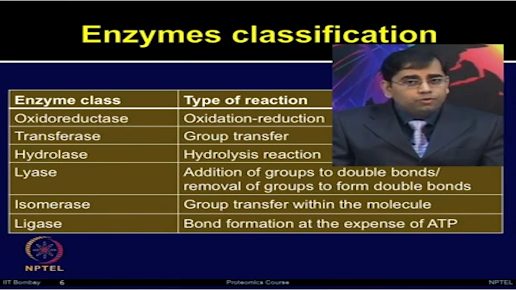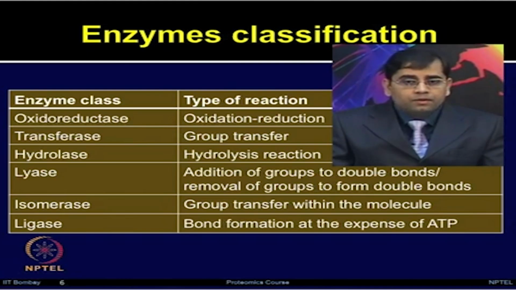Lyase is another group of enzymes which adds groups to double bonds or removes groups to form double bonds. Examples include fumarase. Isomerase, as the term says, isomerization. So, this group of enzymes can transfer groups within the molecule. Example, phosphoglucoisomerase.